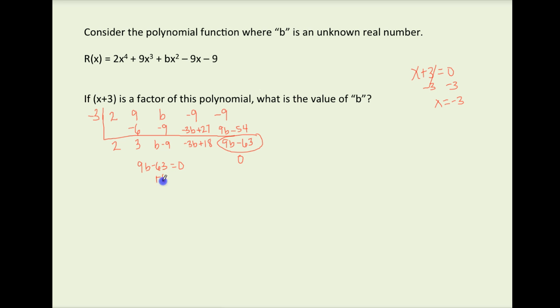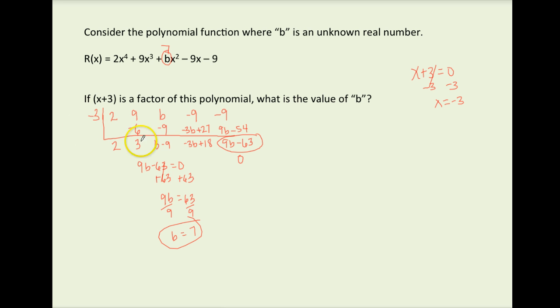Add 63 to both sides. We get 9b equals 63, and we divide both sides by 9. And we get that b is 7. So in this polynomial, b should have been a 7.